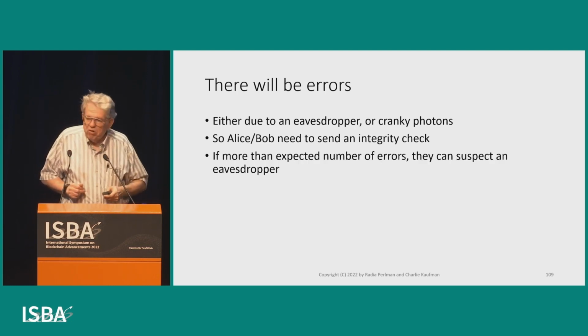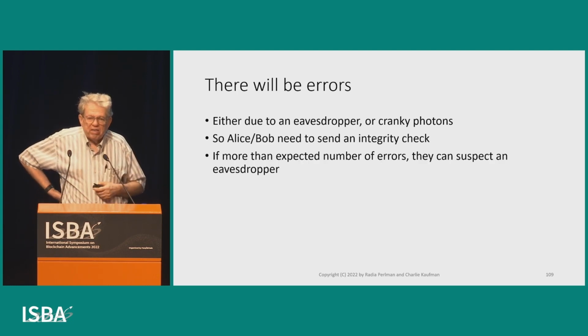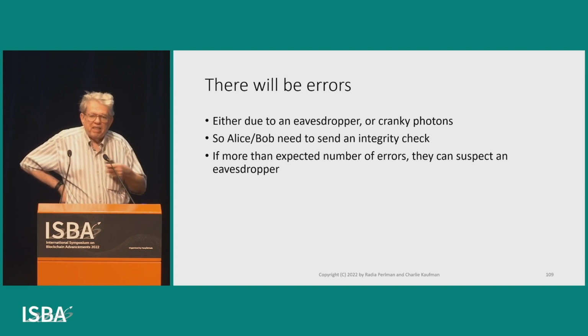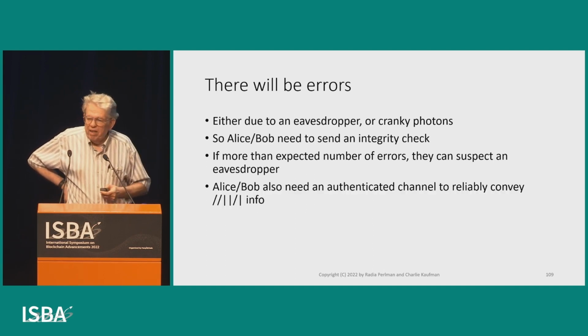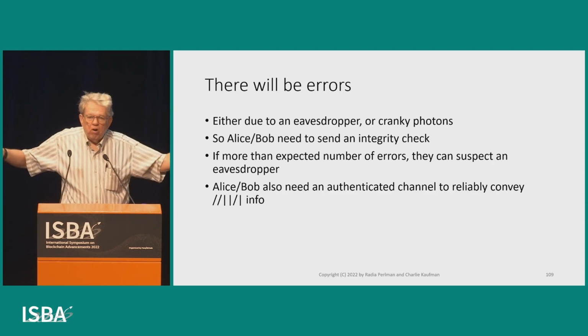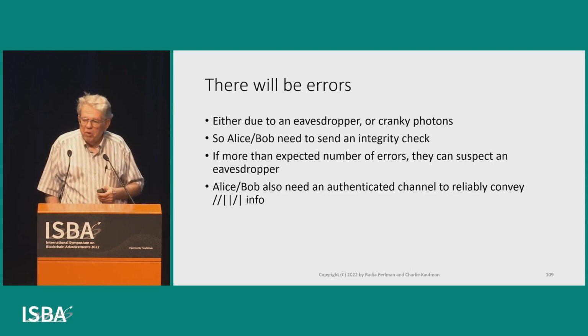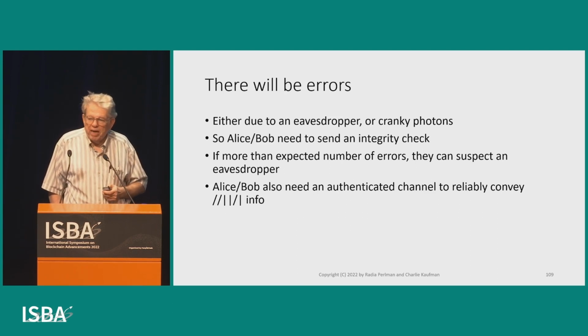But if there was an eavesdropper, then there will be a large number of errors. So if there's more than an expected number, then they have to suspect that there's an eavesdropper on the line. Otherwise, they now know that they've conveyed this message with integrity. They now have a key that they can use to encrypt the data that goes by.